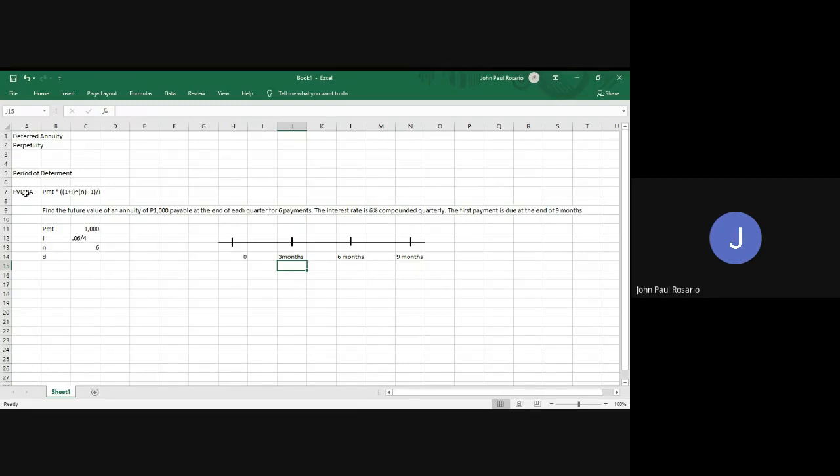So, di ba, future value na siya of deferred ordinary annuity, and the payment occurred at the end of 9 months. So, the first payment occurred here. This is 1,000. Right? So, kanus-a ang start sa imong annuity computations?